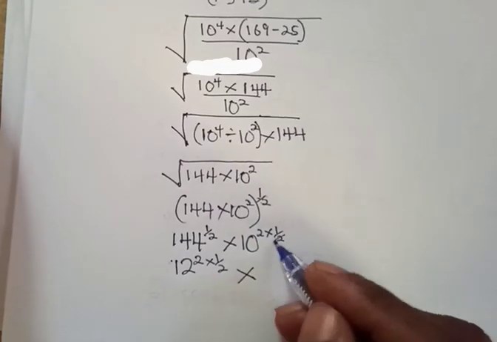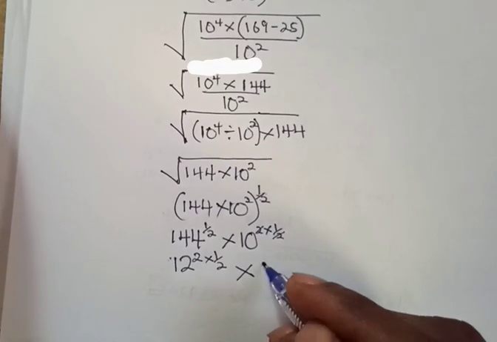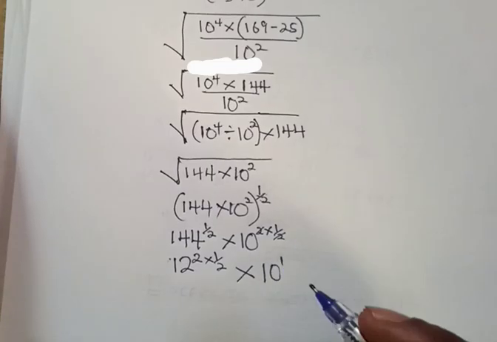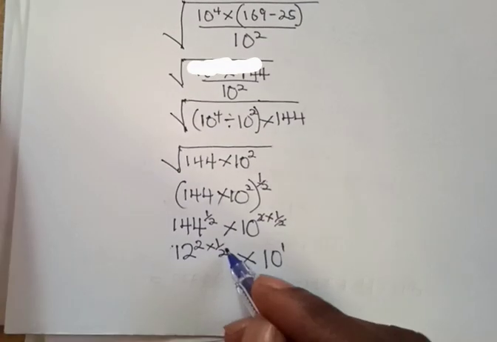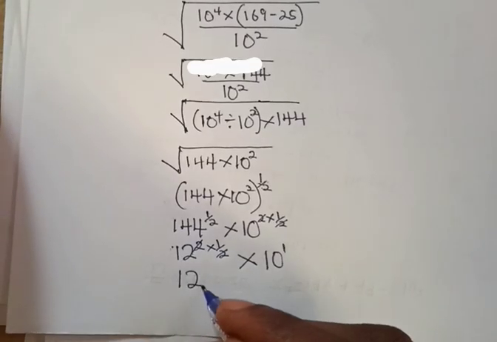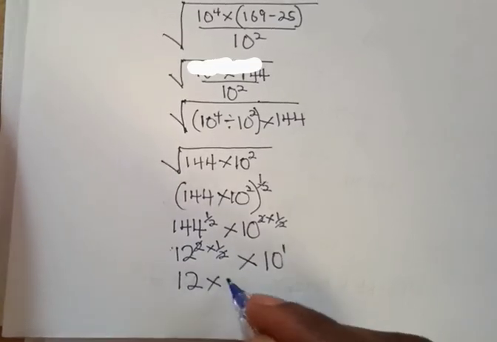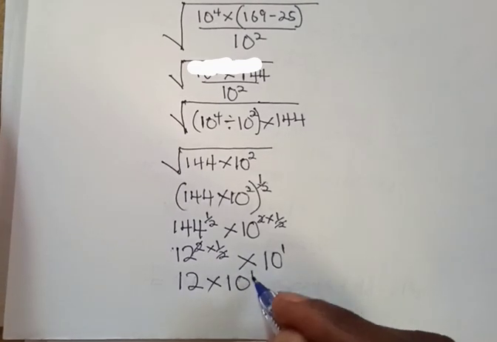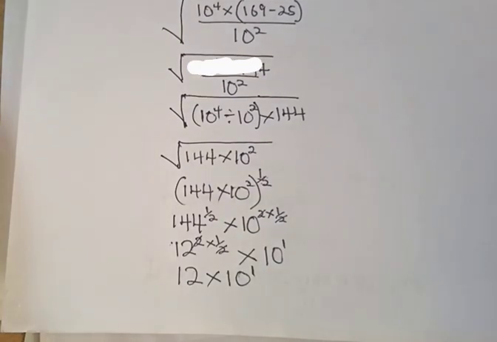Now this one will go here. We have 10 exponent 1 here. Now this one will also go, and then we have 12 times 10 exponent 1. Great.